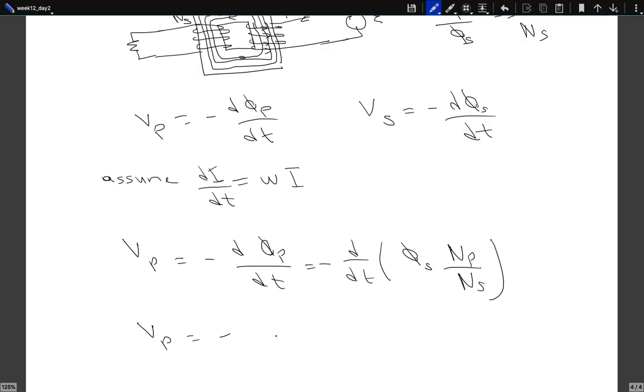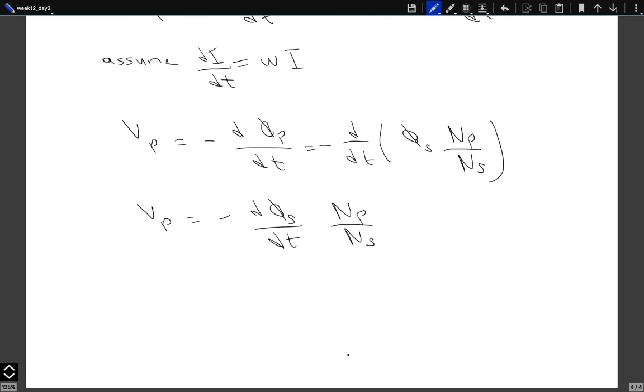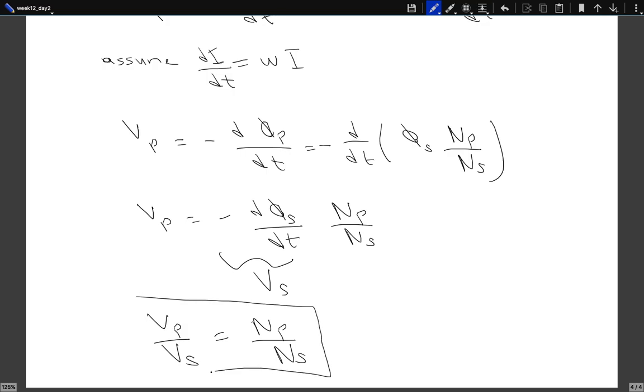Vp is equal to minus d phi s by dt multiplied by np over ns. But this is nothing but Vs. So Vp over Vs is equal to np over ns. Of course, this is valid only if you use the alternating current. This is not valid for a DC current.